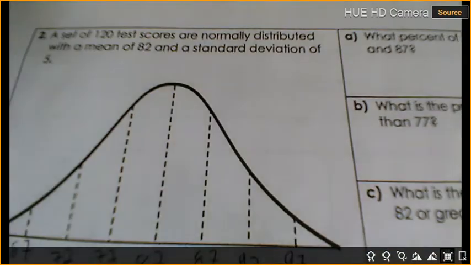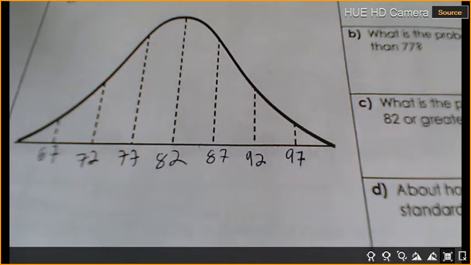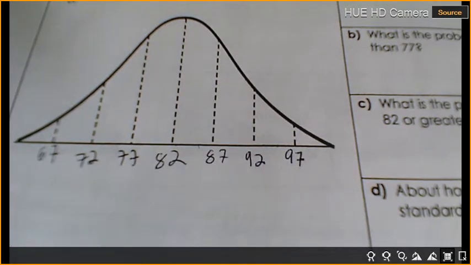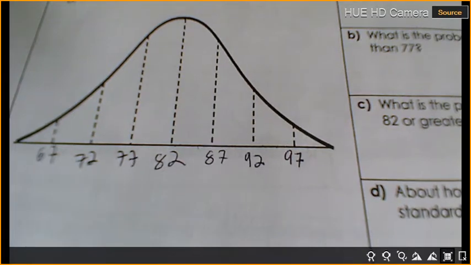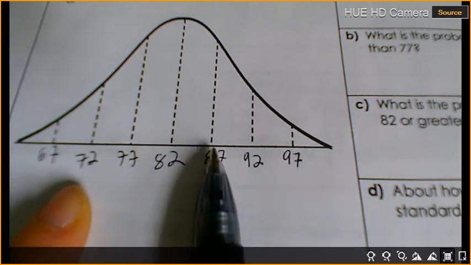And 72 minus 5 is? Okay. All right. Now we can answer these questions. Is everybody okay with these? I knew they weren't easy to see a second ago, so I want to make sure you got them. Okay. A. What percentage of the scores are between 72 and 87?